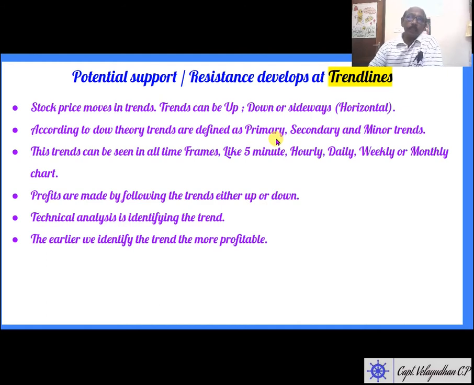But these primary, secondary and minor trends are in every stock or every index and in every time frame. So this theory is very much valid. The trends can be seen in all time frames like 5 minutes, hourly, daily, weekly or monthly charts.